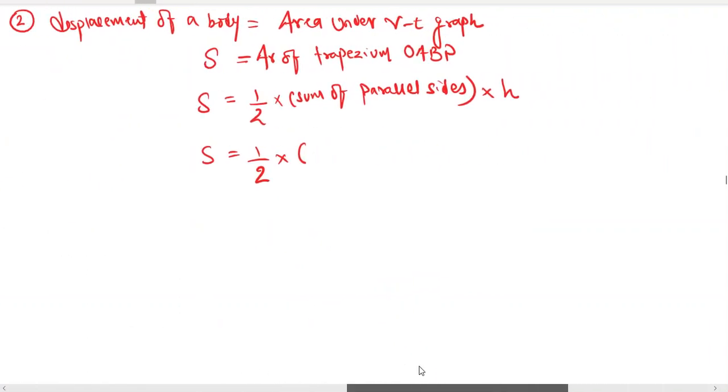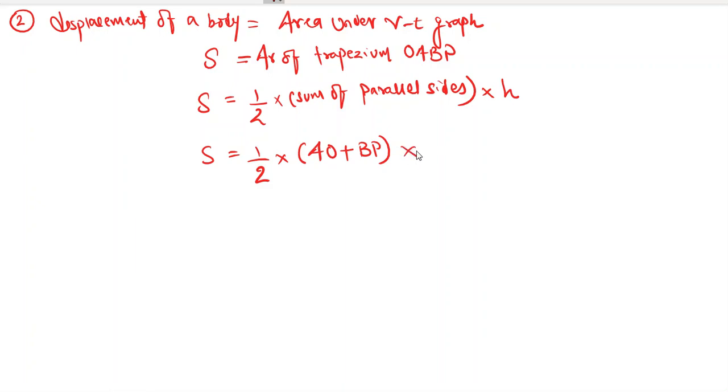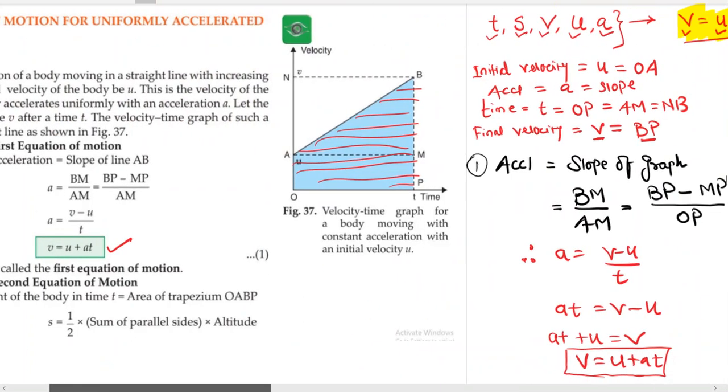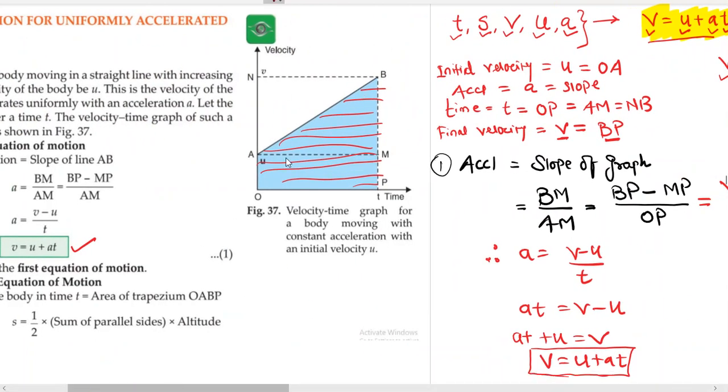So basically we have to find the sum of AO and BP. And what is the distance between them? The distance between them is h. AO and BP have the distance between them as OP. OP or AM is the distance between AO and BP. Right? So I can write OP.